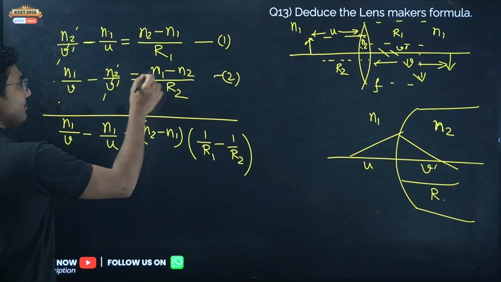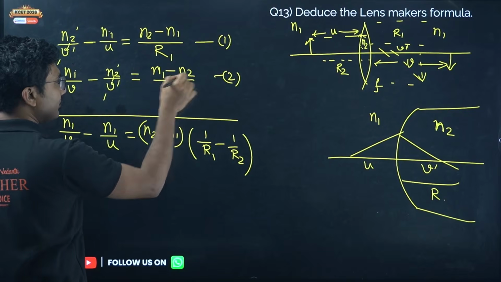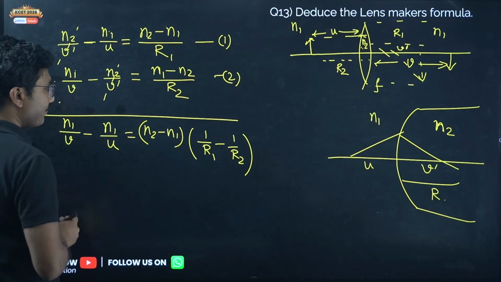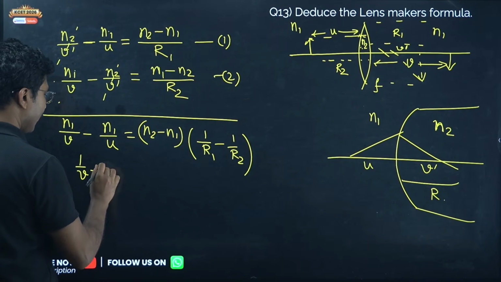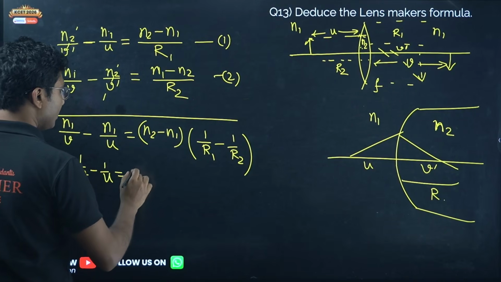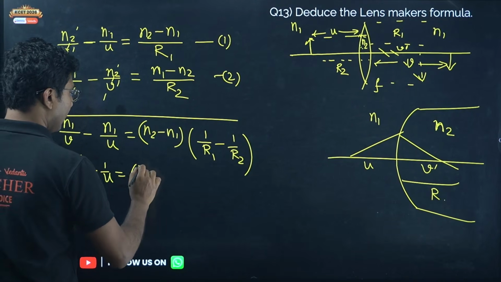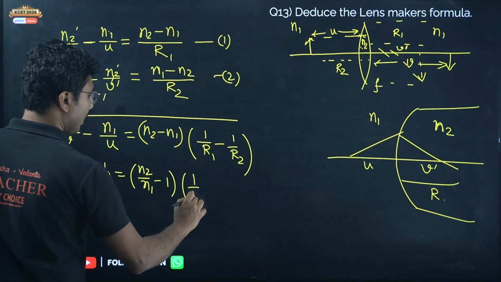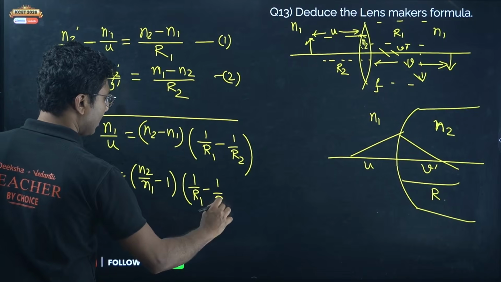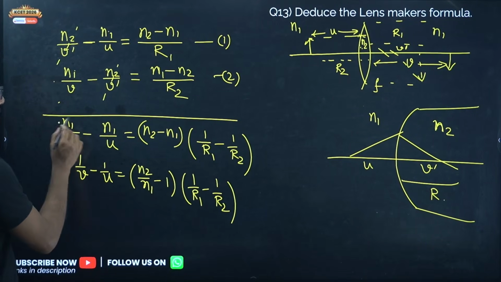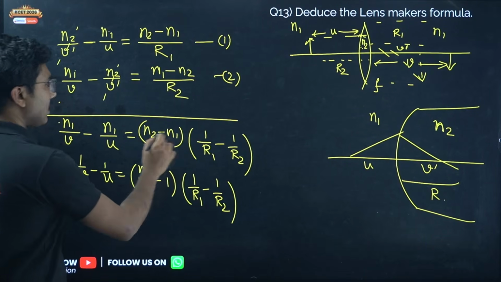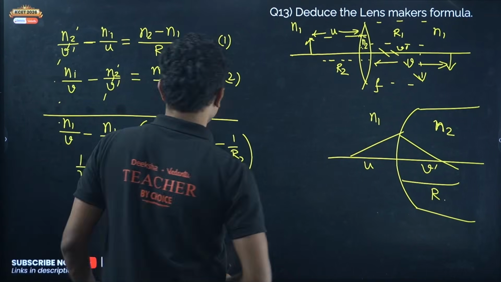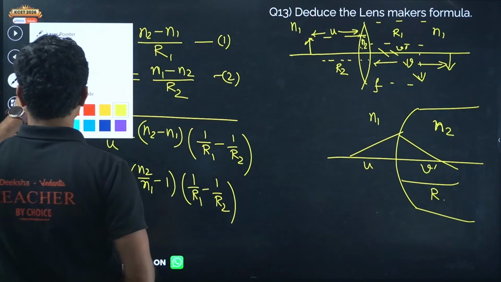If you take a negative sign common, this will be n2 minus n1, right? So 1 by v minus 1 by u equals n2 by n1 minus 1, times 1 by r1 minus 1 by r2. Okay, n1 we have taken common and divided this term, so n2 by n1, and n1 by n1 is 1. Okay, clear?